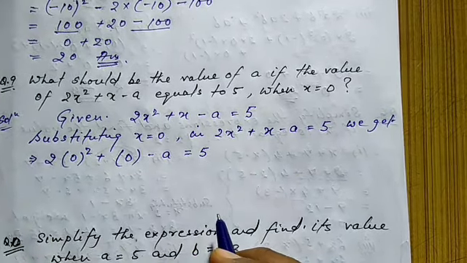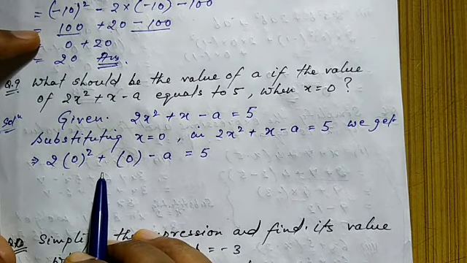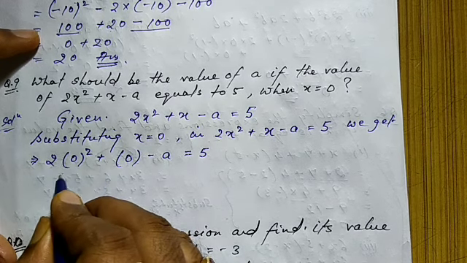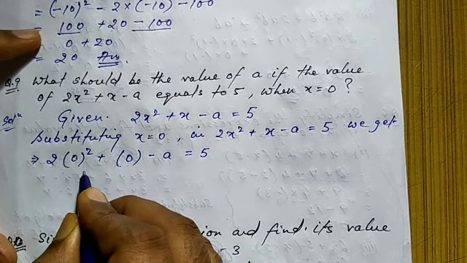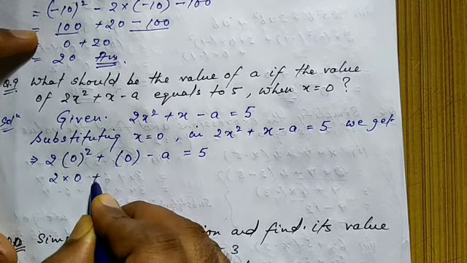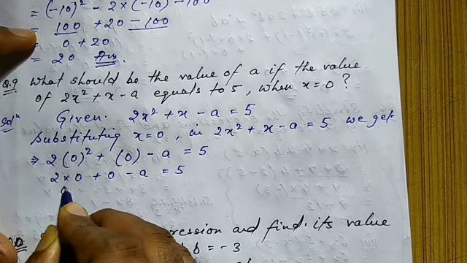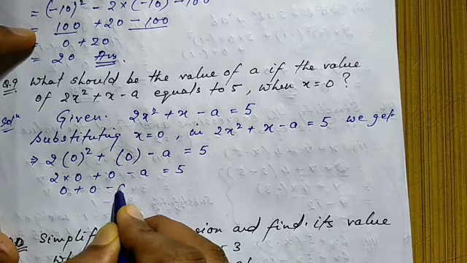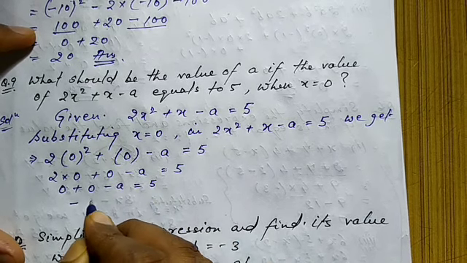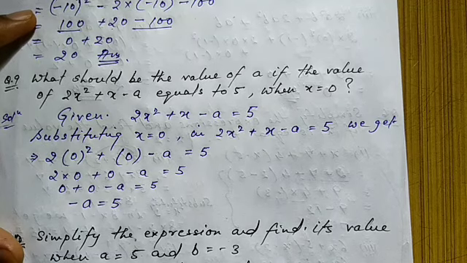Okay, now 0 whole square, what will come? 0. So 2 into 0 plus 0 minus a is equal to 5, meaning 0 plus 0 minus a is equal to 5. It means minus a is equal to 5, but you have to find the value of a.